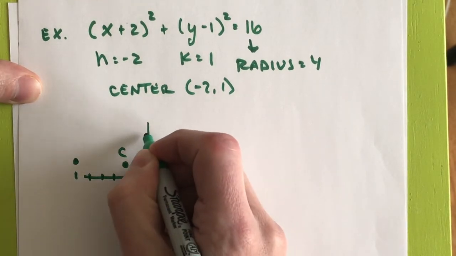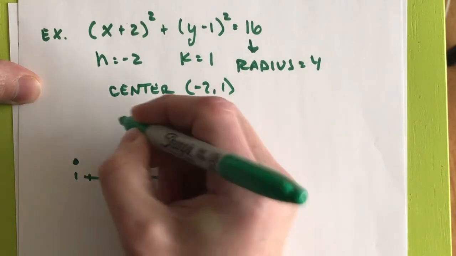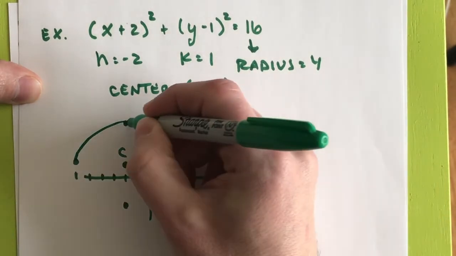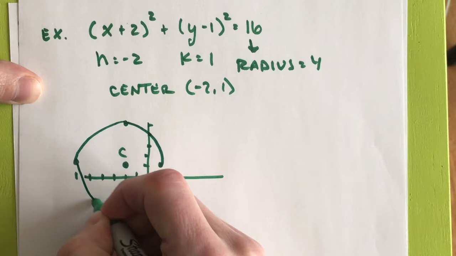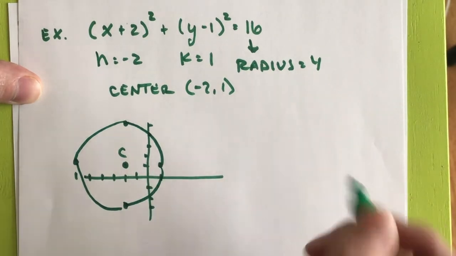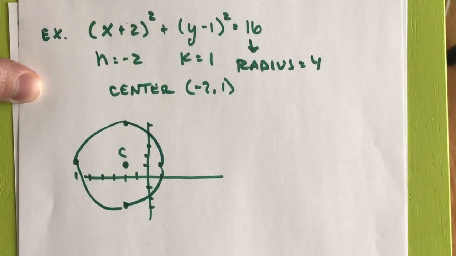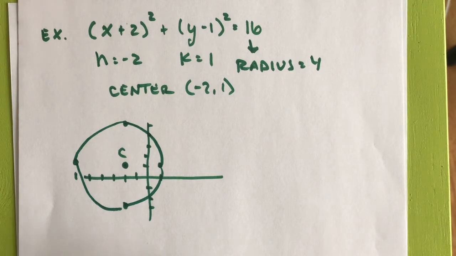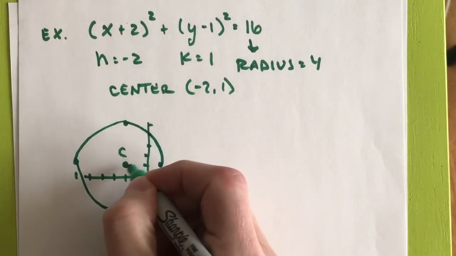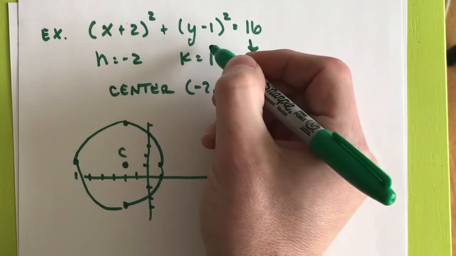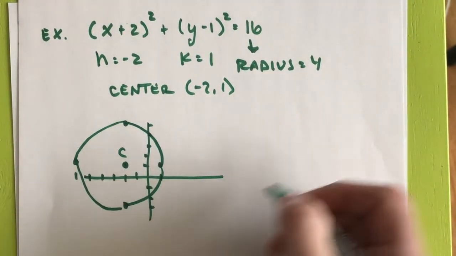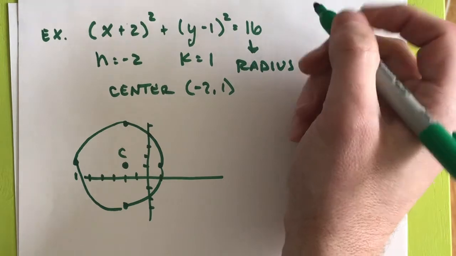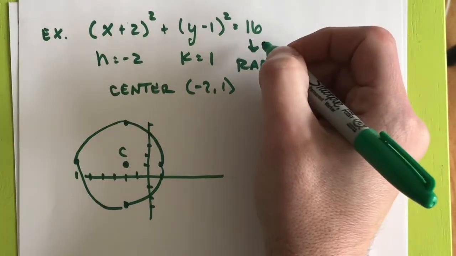And 1, 2, 3, 4. So we can graph. Likewise, if we have the graph of a circle, we can take the center point, plug it back into the equation. If we have the radius, we can substitute it back into the equation.